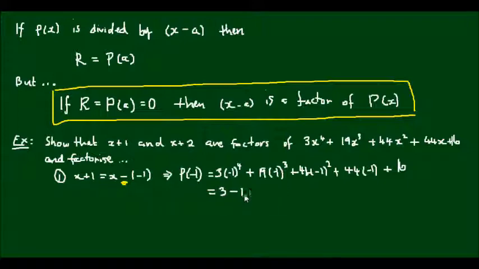So it's 3 minus 19 plus 44 minus 44 plus 16. Thank goodness the 44s cancel out, so 3 minus 19 is negative 16, plus 16 is equal to 0. So therefore x plus 1 is a factor.